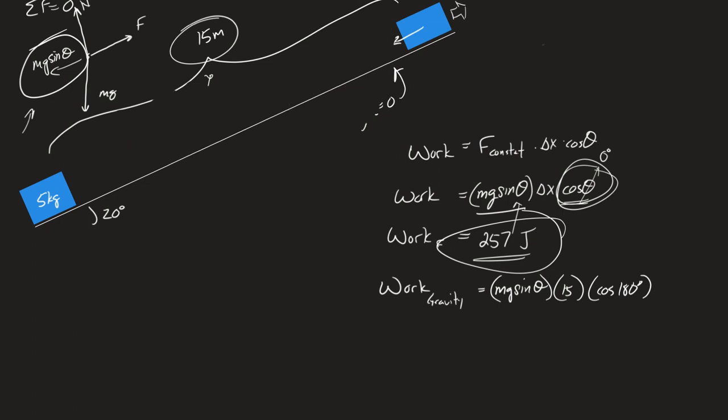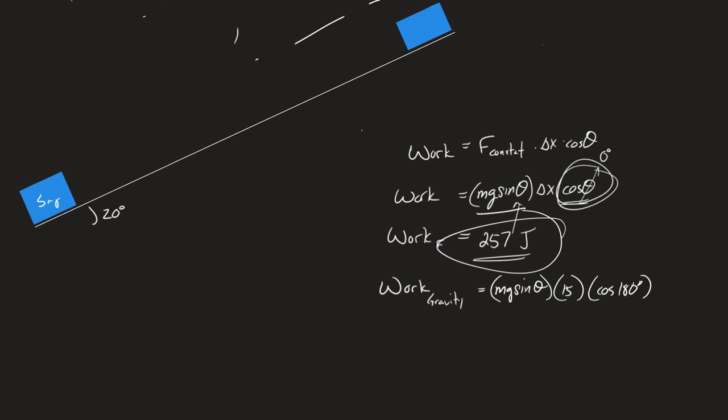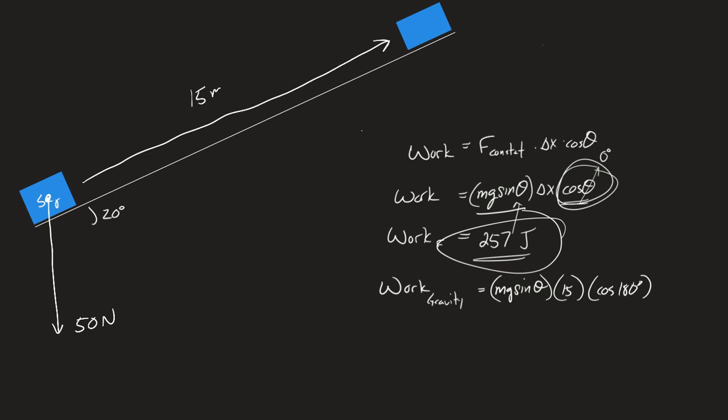Let's just remove all of this for just a minute, and consider that the box is experiencing the force of gravity downwards, 50 newtons. And the box traveled along the ramp 15 meters. Therefore, the work has to be the constant force of gravity, 50, times the displacement, 15, times the cosine between 15 meters and 50 newtons.